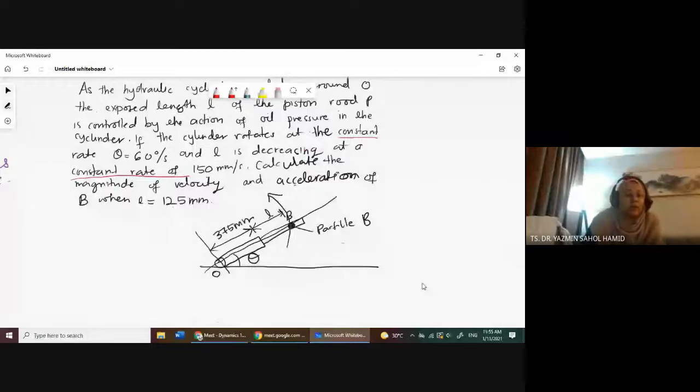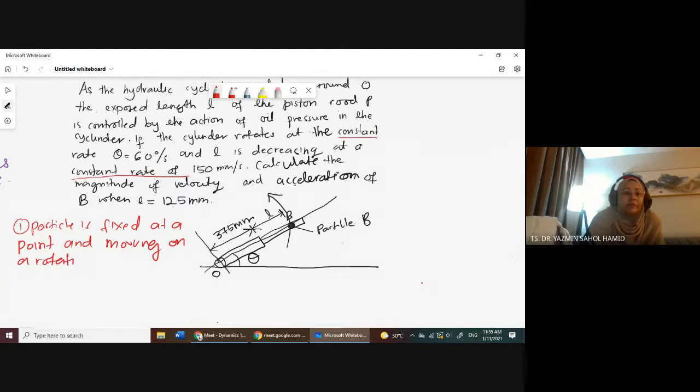So yang pertama, we know that the particle is fixed, okay, at a point and moving on a rotating arm. Anggaplah ini rotating arm tu. Okay.